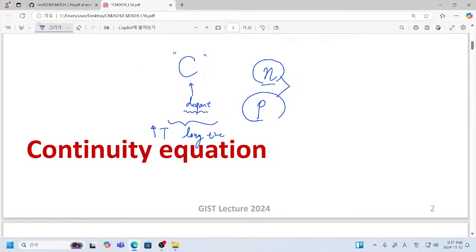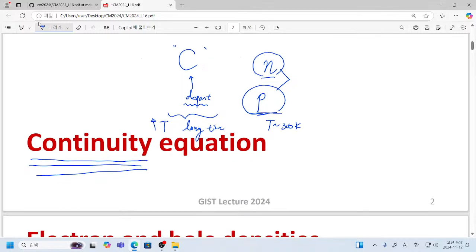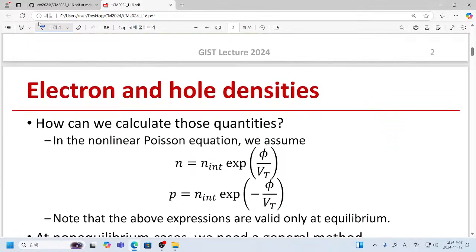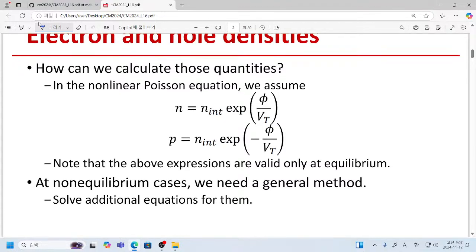In device simulation, equilibrium can be obtained even at 300 K or even below, and a short time scale is required. Anyway, it is certain that in both cases we have to solve a continuity equation. So now let's go to this lecture material.